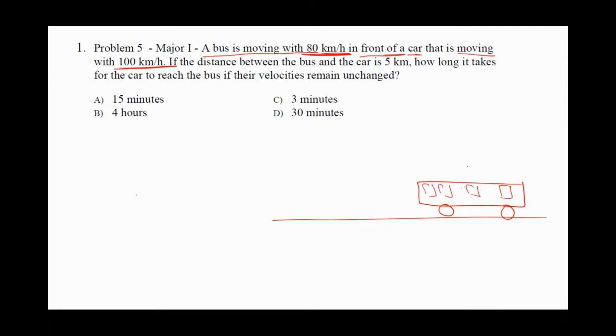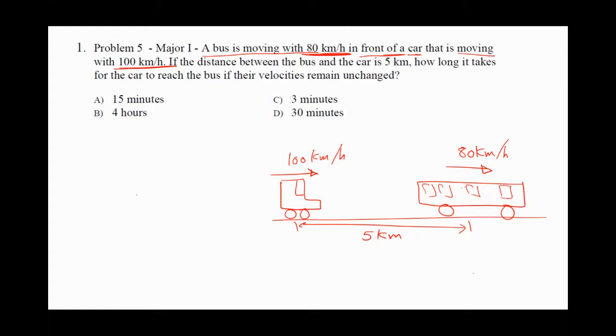The bus has a speed of 80 kilometers per hour, and the car has a speed of 100 kilometers per hour. If the distance in between is 5 kilometers, how long will it take for the car to reach the bus?